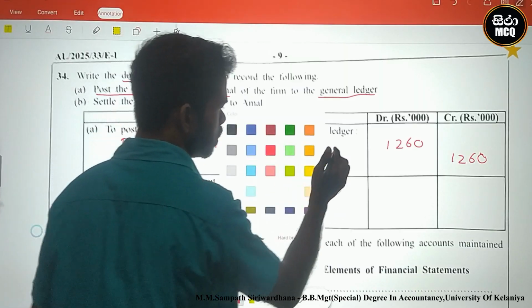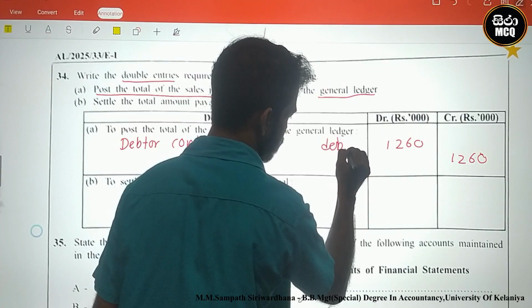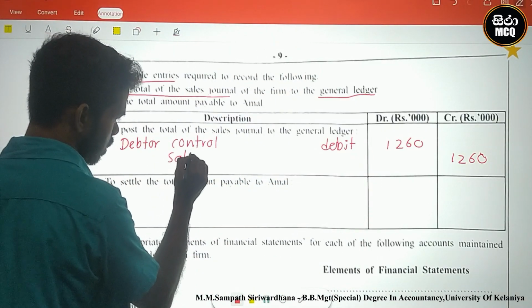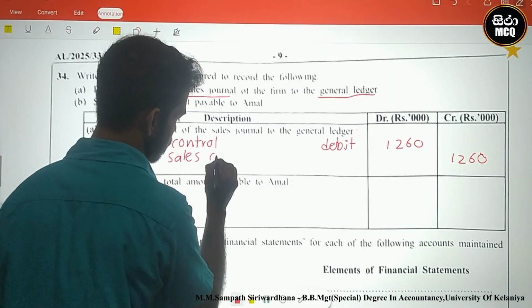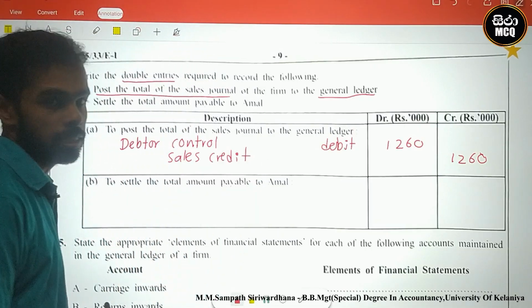Debtor control debit. Credit to sales. Sales credit. This is the double entry.